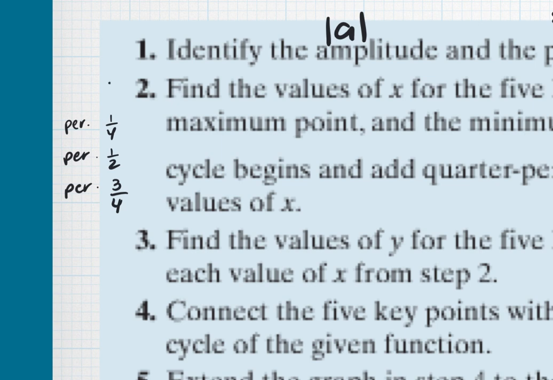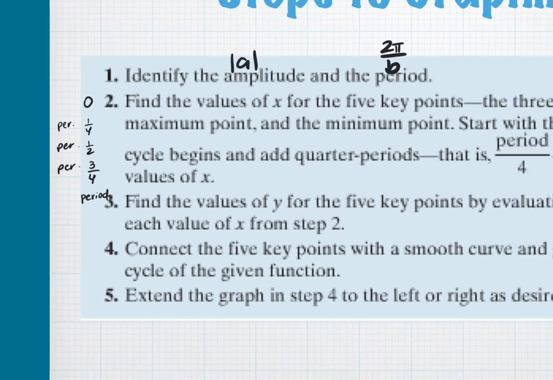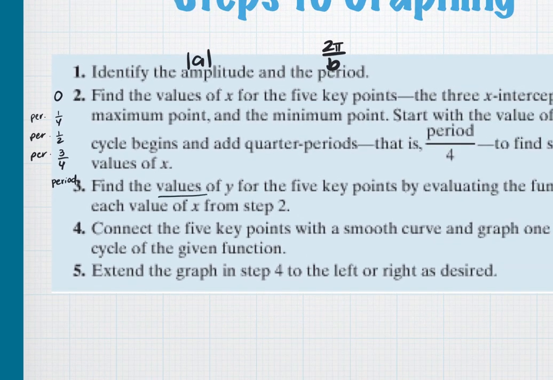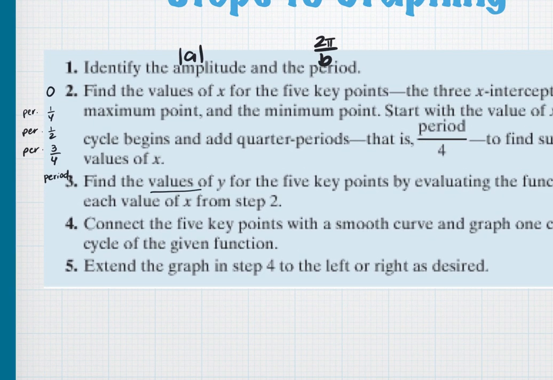The first one, without a phase shift, which we'll talk about in a little bit, is at 0. And the last one is the period. Those would be the x values of your key points, so they'll literally get marked on your x-axis.